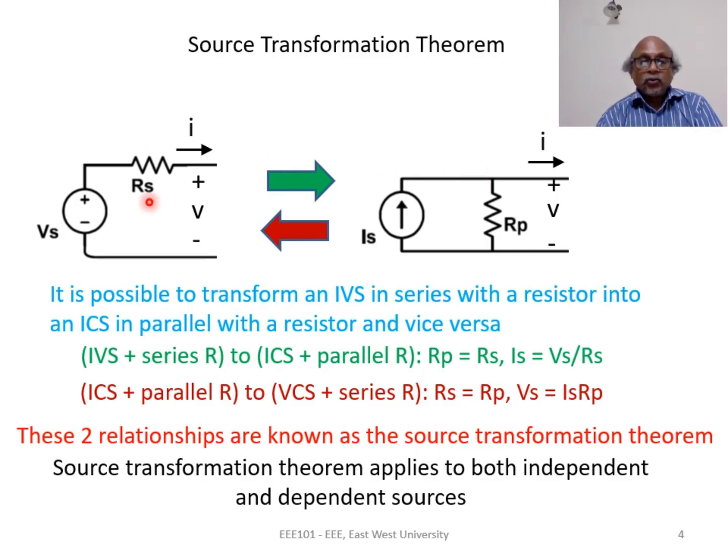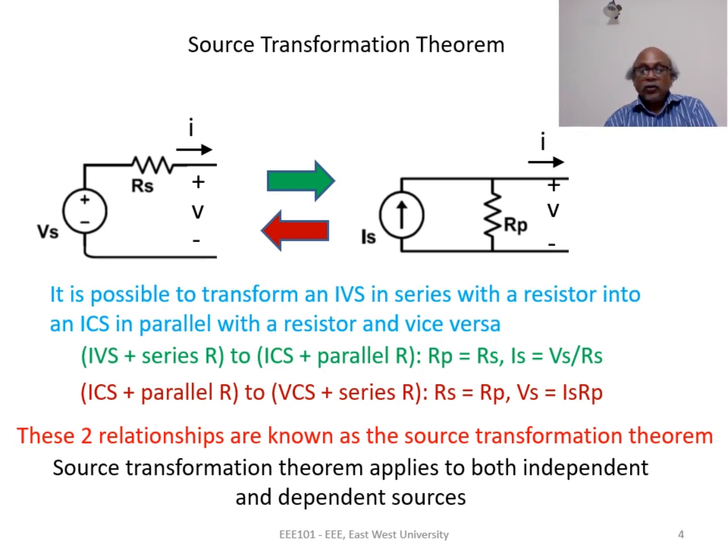By comparing these two diagrams, we can see that the node towards which the plus of the voltage is, is also the node towards which the arrowhead of the current source remains. So if we make the transformation, the arrowhead should be towards the node which had the plus of the voltage source. Going in the opposite direction, the plus of the voltage source should be towards the node which has the arrowhead of the current source. If we remember this, then after the transformation, we will always get the right polarity or the right direction.